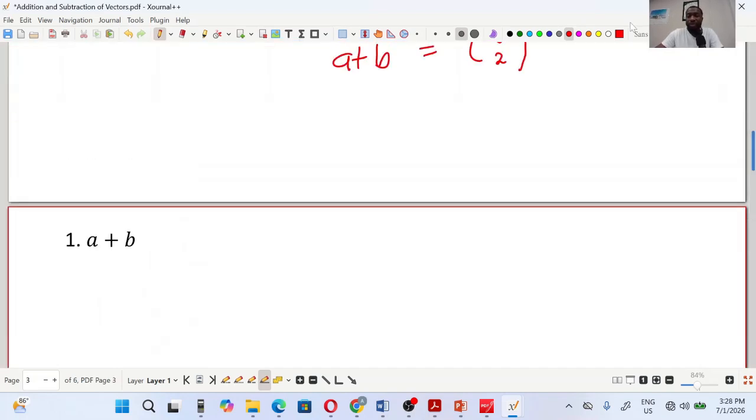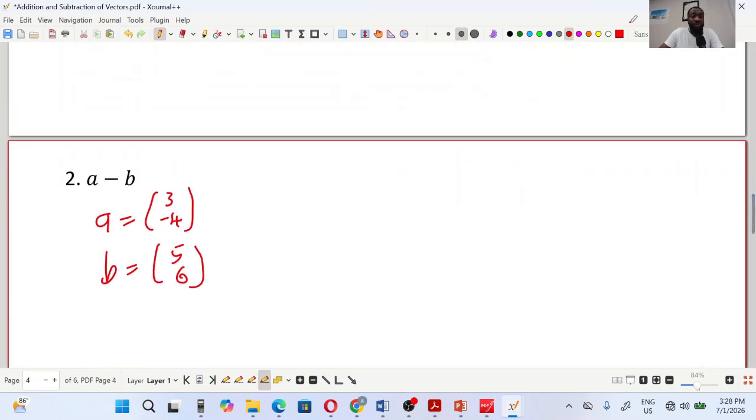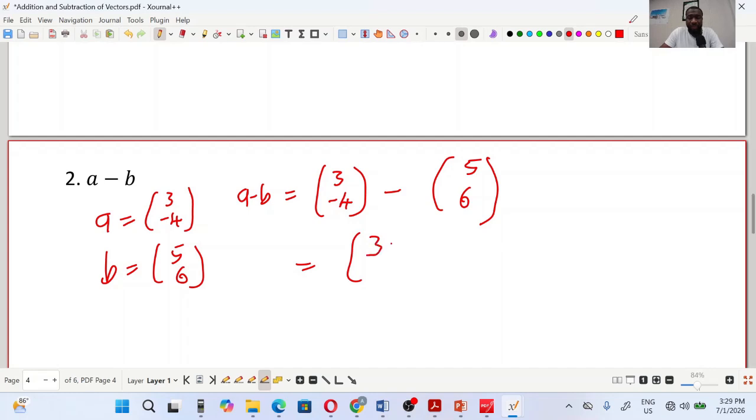Let me quickly go up for us to confirm. 5 and 6, right? So it says we have to subtract. So I'm going to say A minus B is going to be equal to (3, -4) minus (5, 6), right? So basically, I'm just going to subtract the top and then the bottom. So now I have 3 minus 5, and then I have negative 4 minus 6, right?